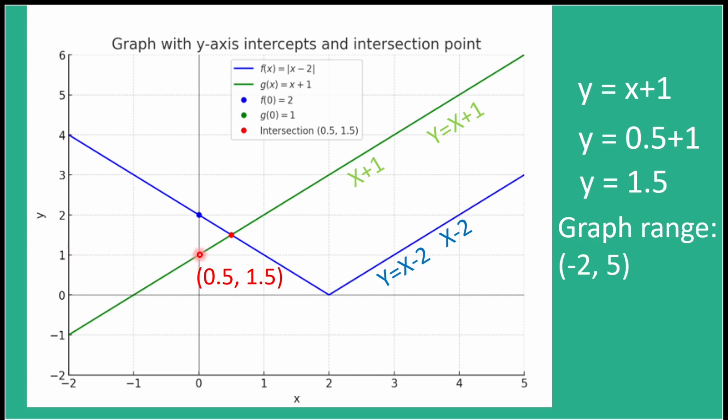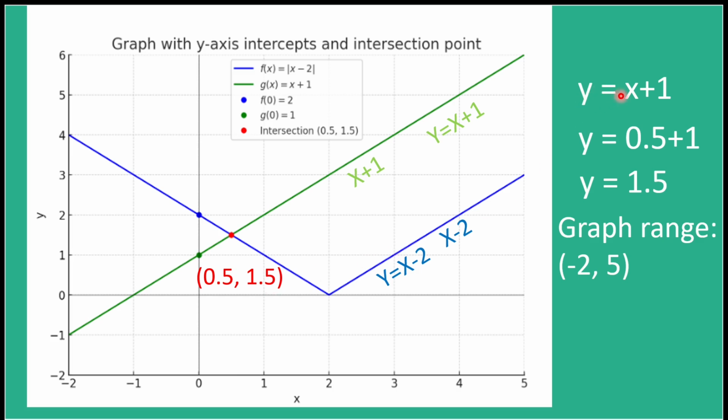And this line x minus 2 intersects the y-axis at point 2, because if you put x equal to 0 over here, you will get 2. So this was another point. For understanding purposes, I have determined here the y coordinate.